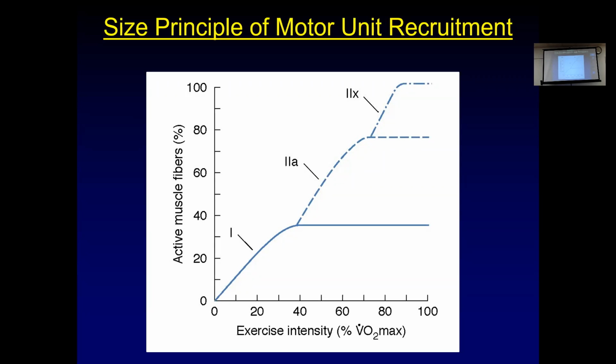So when we turn a muscle on, every time you do a contraction, the first motor units that are recruited are going to be the small motor units that connect to slow twitch muscle fibers. So I pick up 5 pounds, boom, I've probably only recruited these very small slow twitch motor units to be able to do that.